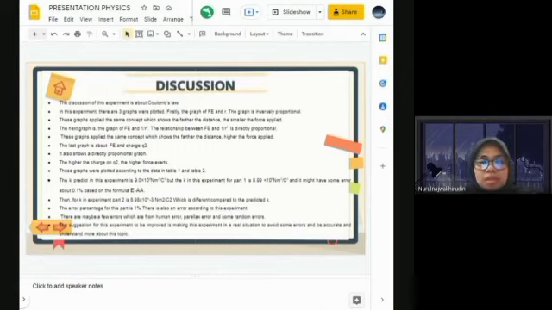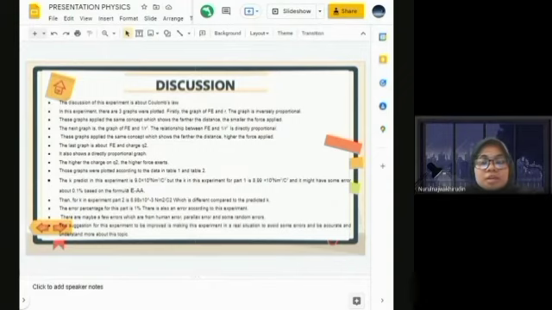The K predicted, which is the theoretical value, is 9 times 10 to the power of 9 newton meter squared over coulomb squared. But the K we achieved for part 1 is 8.99 times 10 to the power of 9 newton meter squared over coulomb squared. So we know that there was some slight error during the experiment.